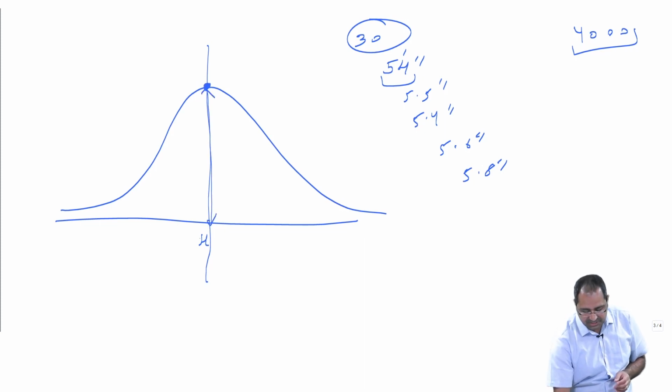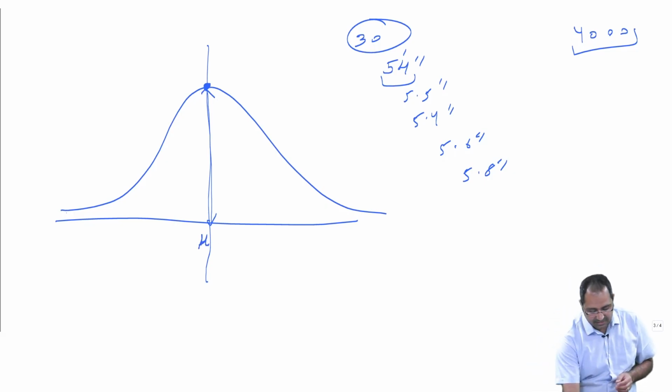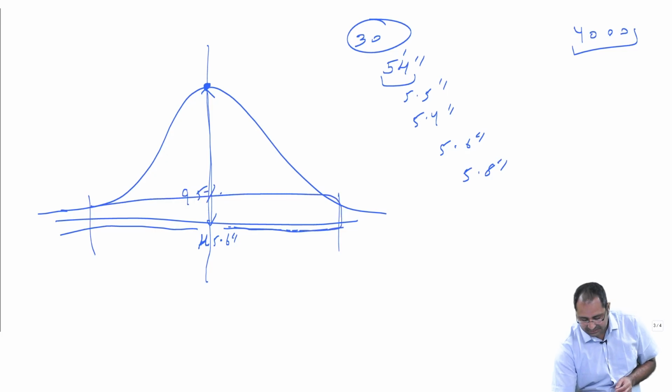Most of the samples would have this mean, which is the population mean. And then, let's say this is 5.6, and some samples I will get greater than, some samples I will get less than, and this is 95% of the area, let's say.